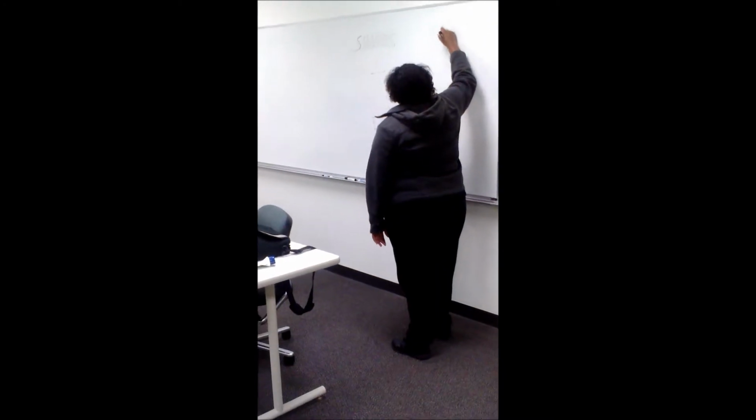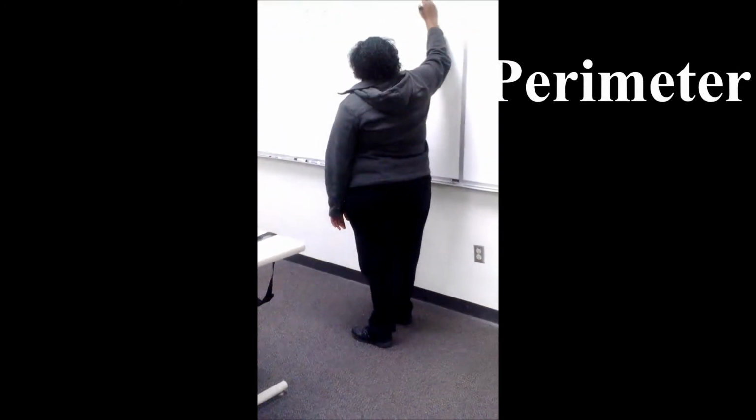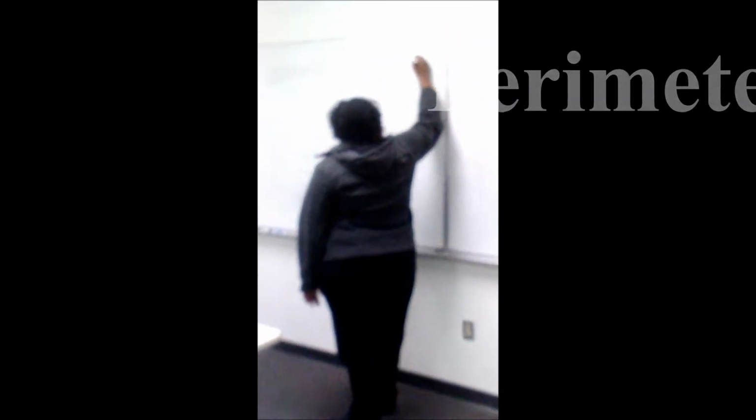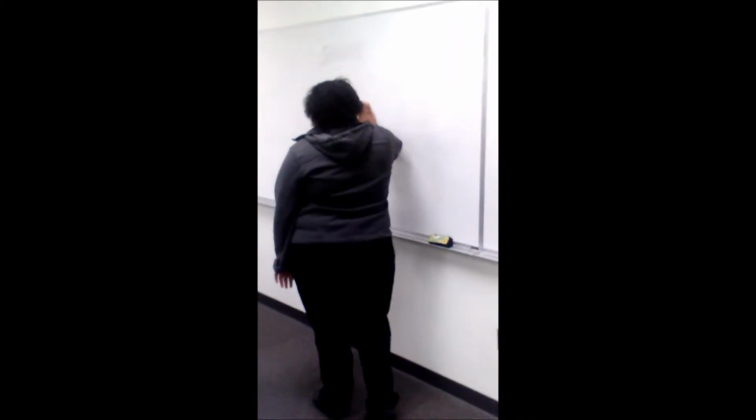We're going to learn how to get the perimeter on these shapes. Does anybody know what perimeter means?